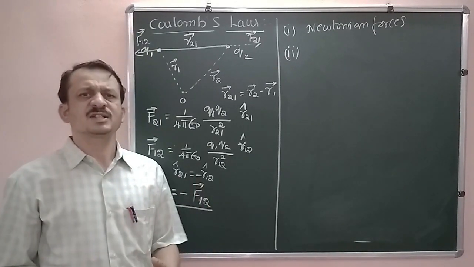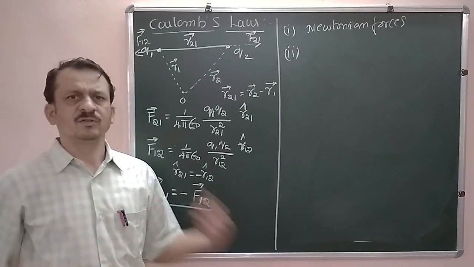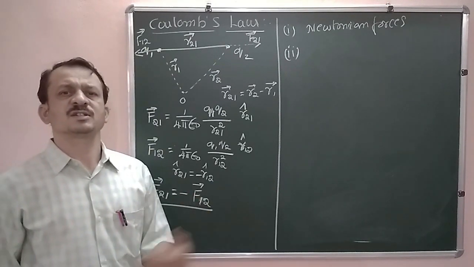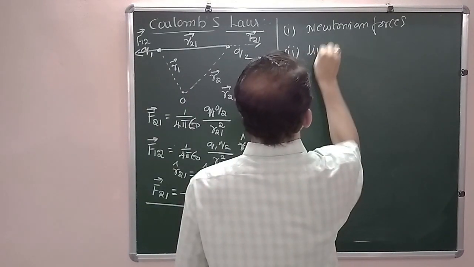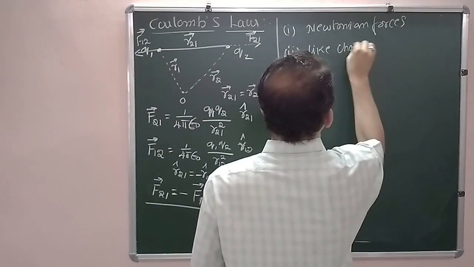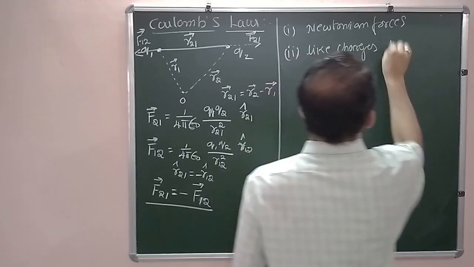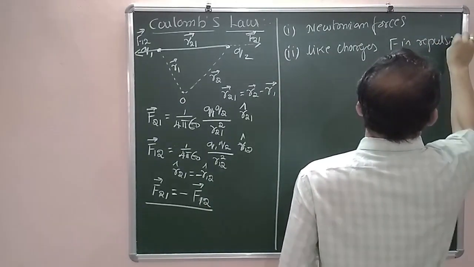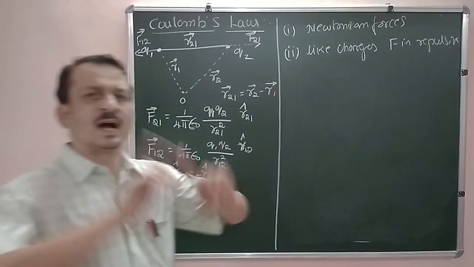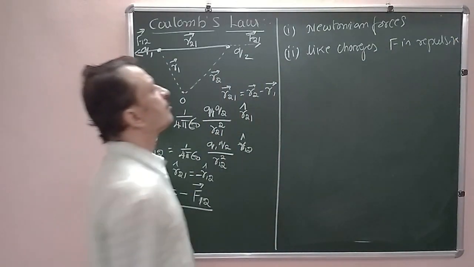For like charges, the force is repulsive. For unlike charges, the force is attractive. For like charges, F is repulsive, acting away from each other.